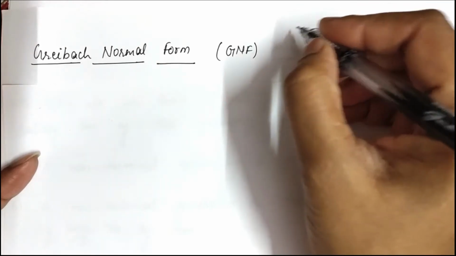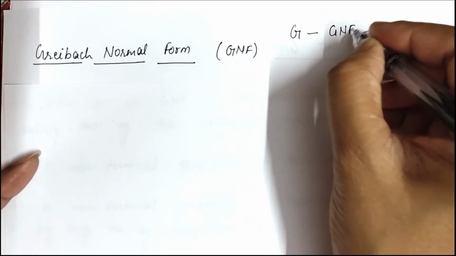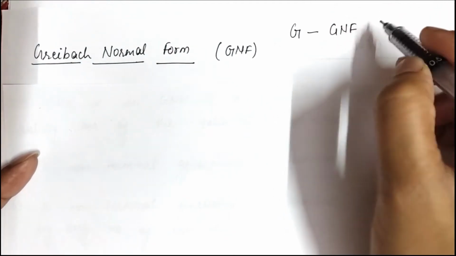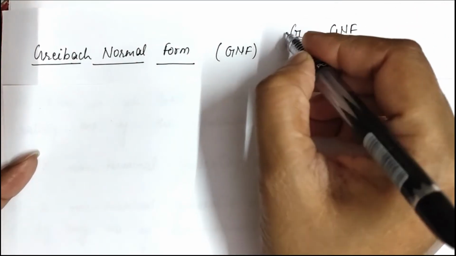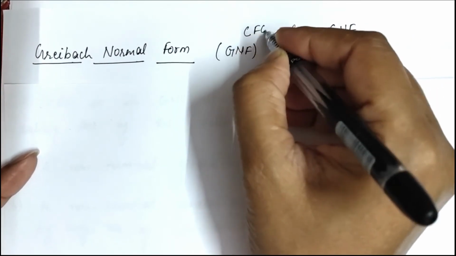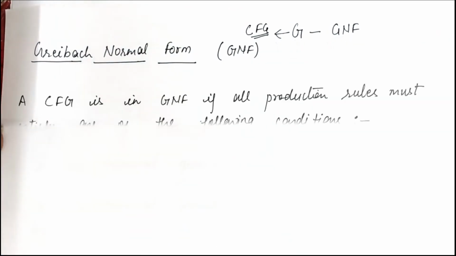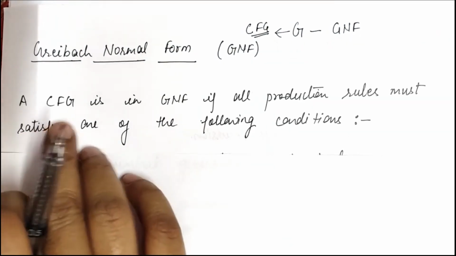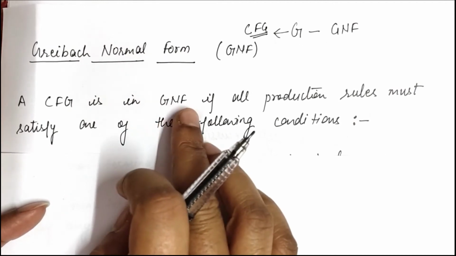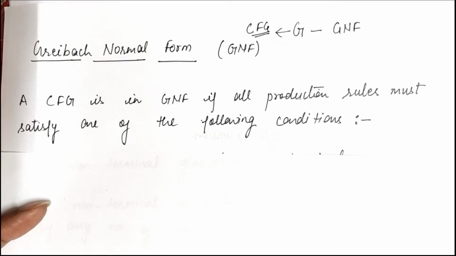Means if a grammar G has to be in GNF form, then first this grammar must satisfy the context free grammar properties. Okay. So, a context free grammar is in GNF form, that is Greibach normal form, if all the production rules satisfy one of the following conditions.